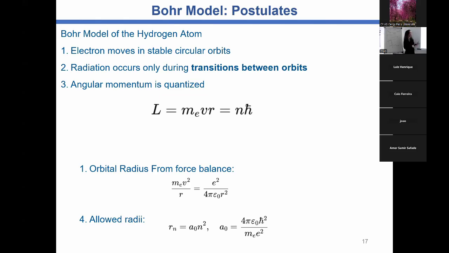And Bohr started to describe matter as one center with high mass, and the electron around this center, and the electron goes in orbits, and these orbits are ruled by the angular momentum of the electron.